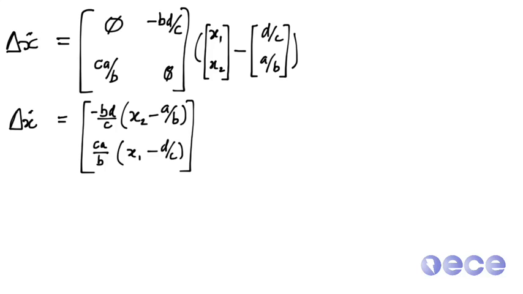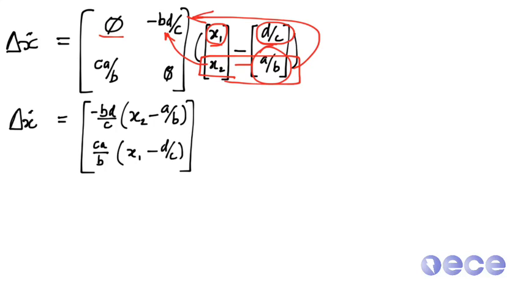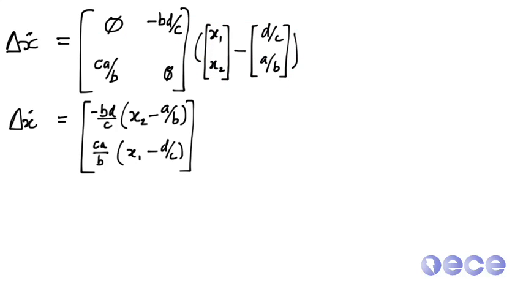But basically, the 0 that we have is preventing the x1 values from showing up. This 0 here means that we don't consider x1 and we don't consider d over c. We're only considering a over b, and we're multiplying a over b times minus bd over c. Or you can imagine it as just subtracting a over b from x2 and then multiplying this by the gain in this matrix. If you haven't done matrix math in a long time, you might have to do this on paper by yourself.